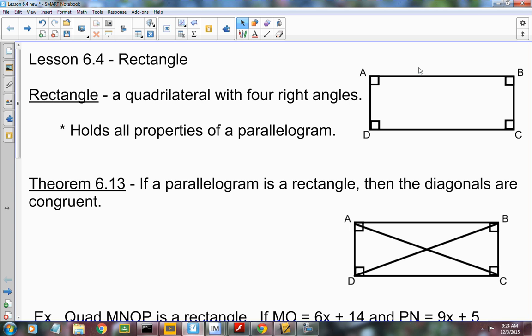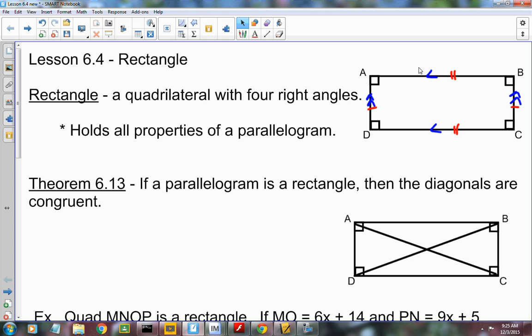And if you'll remember, the properties were opposite sides are parallel, opposite sides are also what? Congruent. Your opposite angles are congruent. Obviously, we just talked about that.